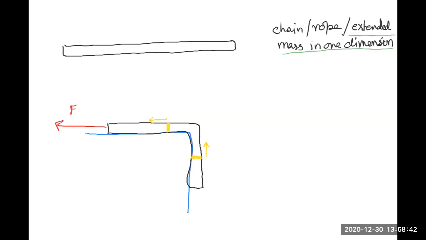However, if I do say that there is a cross-sectional area, then we will assume that this cross-sectional area is very small as compared to the length of the rope. So again, we are only dealing with mass distribution or extended mass in 1 dimension. Okay. I hope I have made this clear.